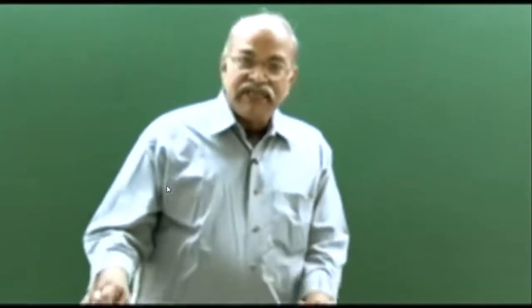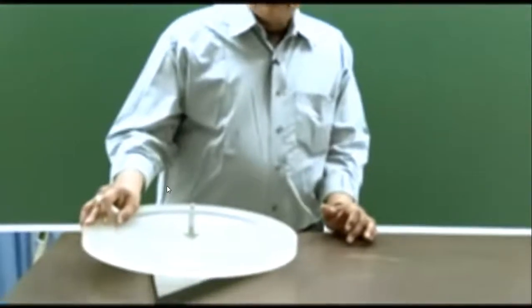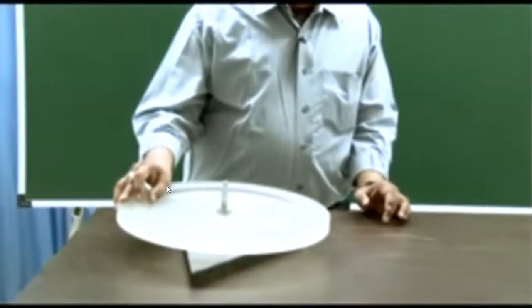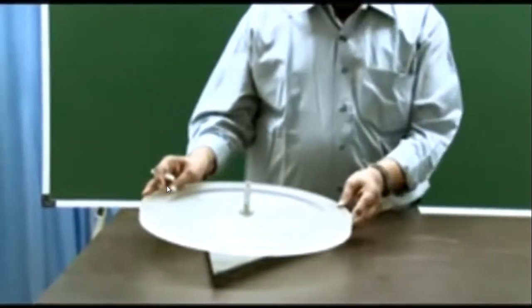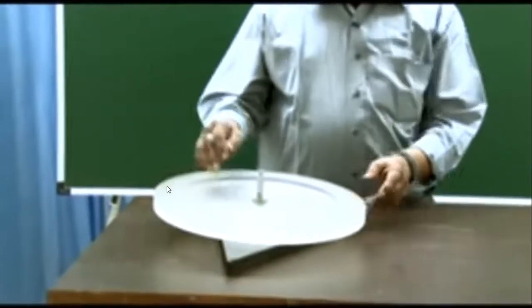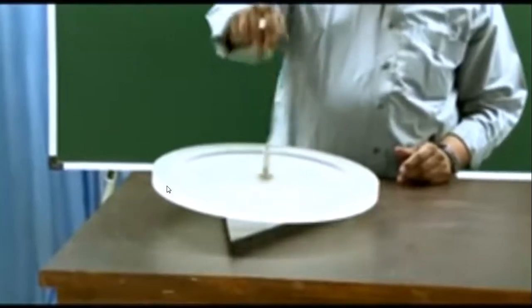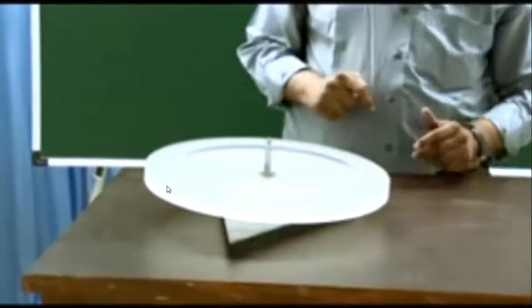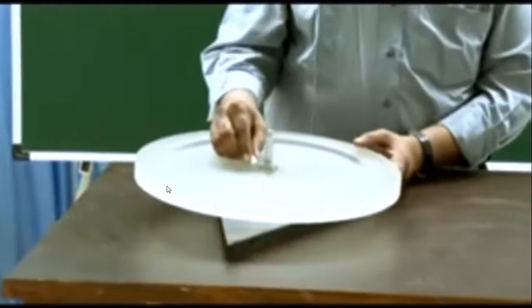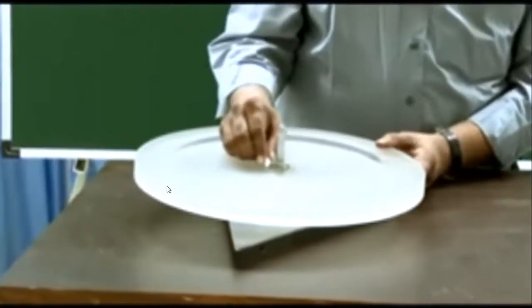So, here I have a disc, and we can create a rotating frame of reference from this disc. Let us say that this vertical line is the z axis, and x and y axes you can draw on this disc.